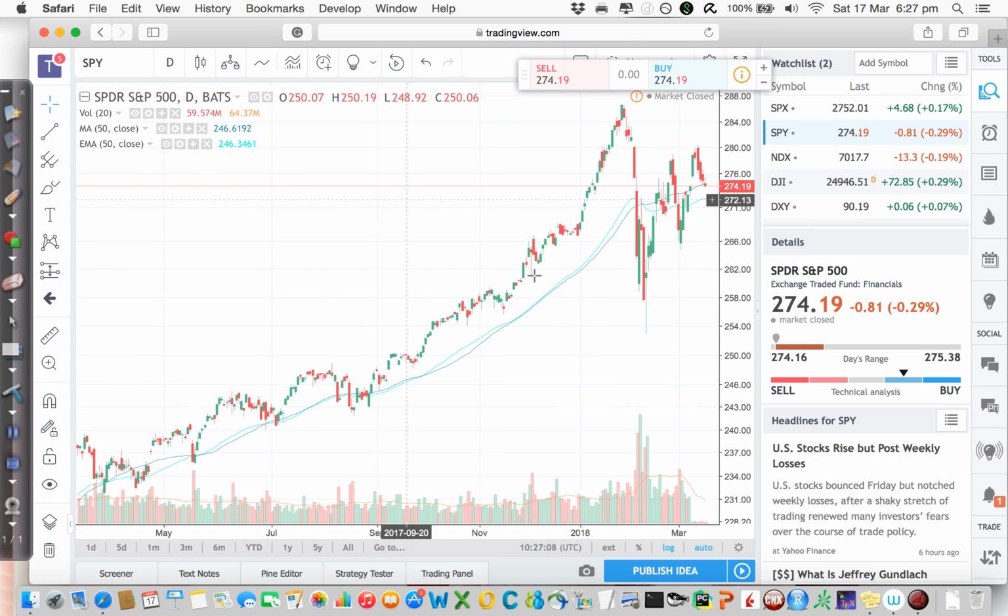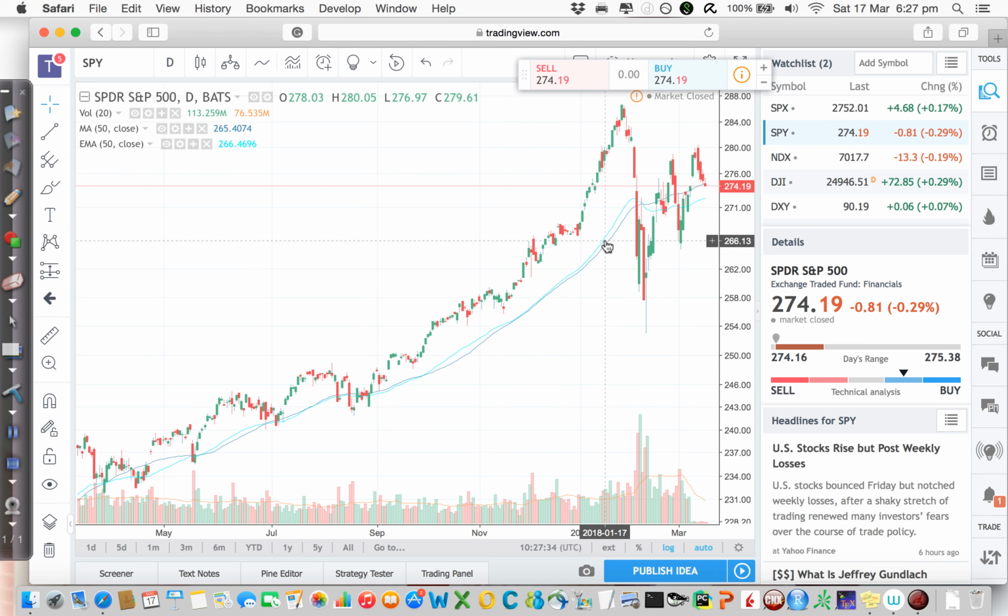Light blue. So you see the difference is that this moving average is following the price more closely, because the exponential moving average is not like the simple one where you just compute the mean of the last, in this case 50 days, but here you are giving more weight to the recent price.